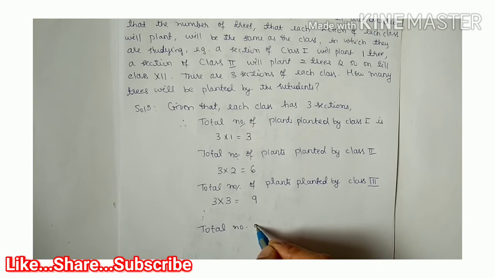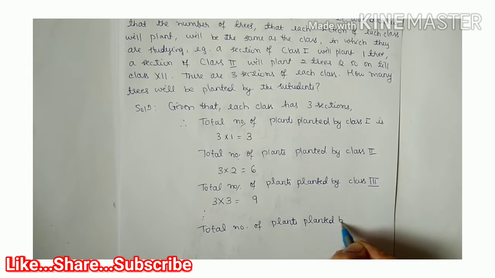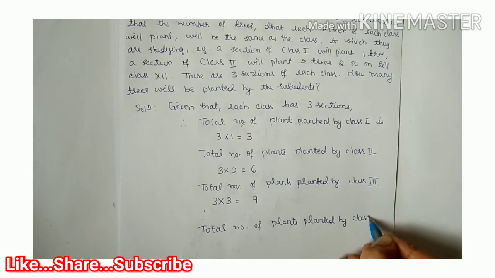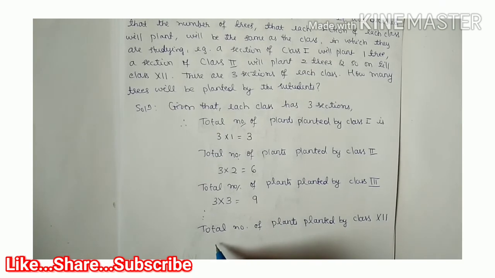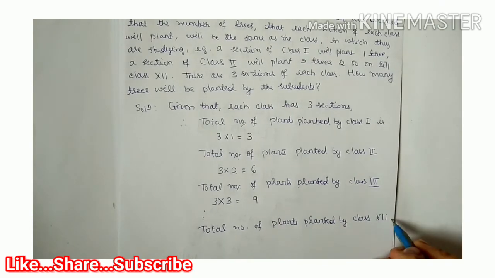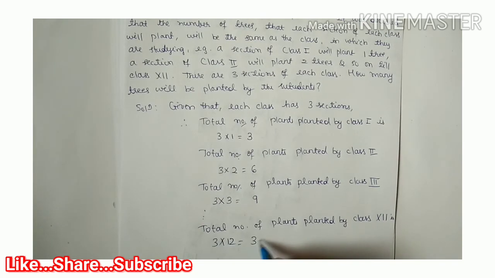Total number of plants planted by class 12 is 3 into 12, 12 threes are 36.